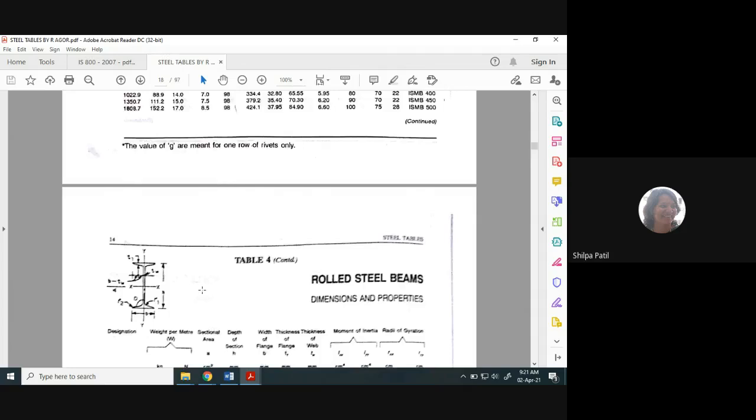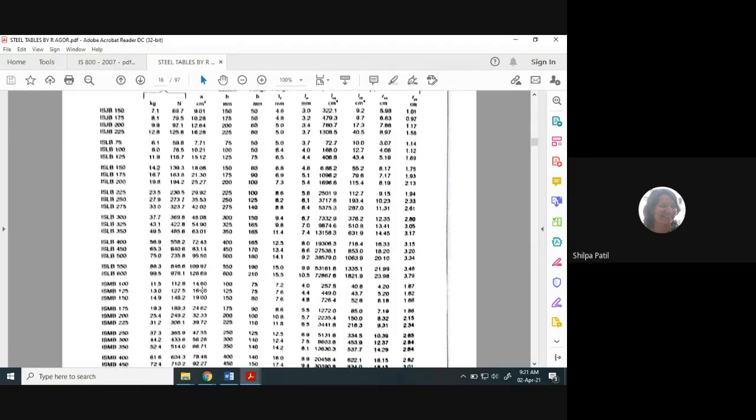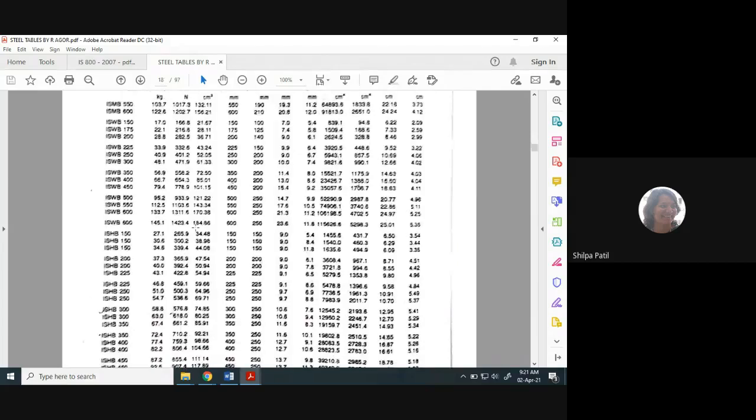Now Omkar, whatever section you told, it was ISLB 325, right? Its area is also almost the same. See here, ISLB 325, 54.9. And here, the next section is ISHB 225, 54.94. It has almost the same area, but the depths are different.